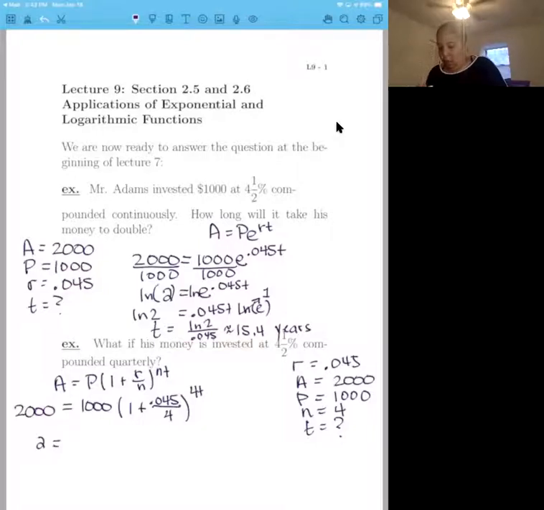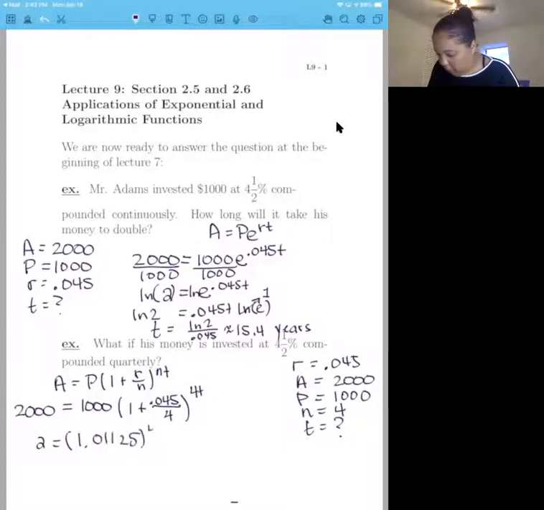What is 0.045 divided by 4? Anything nice? Not really. So it's 0.01125. And if I add that to 1, I have 1.01125 to the 4t.